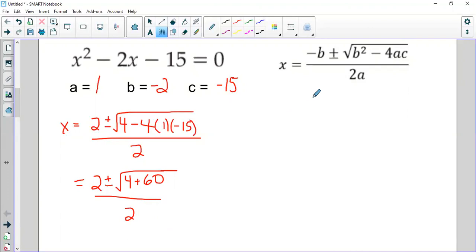I'm going to slide up here just for some space. So that's equal to 2 plus or minus the square root of 4 plus 60 is 64, all over 2.